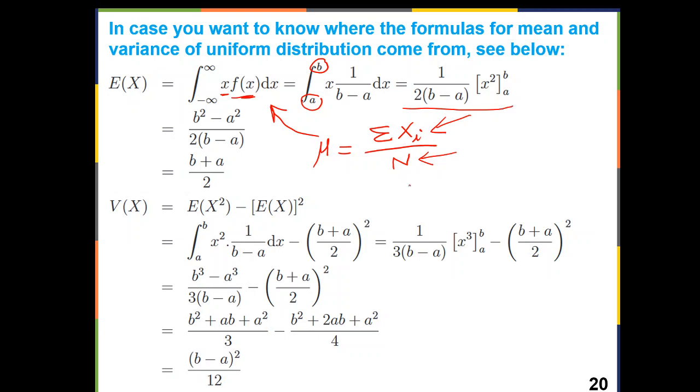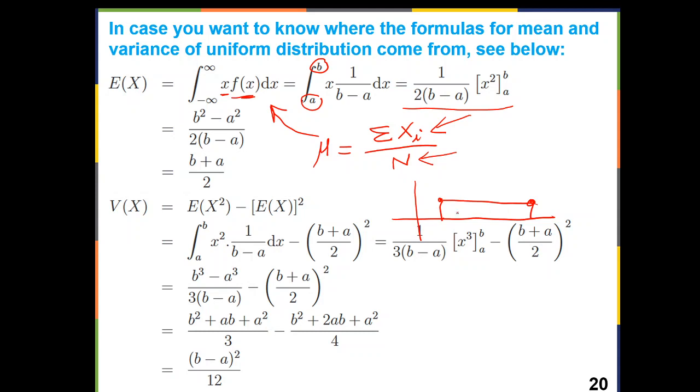So the trick here is to think of x as going from a number to a number. That's the situation that we have here, and we have to find the mean of this distribution.